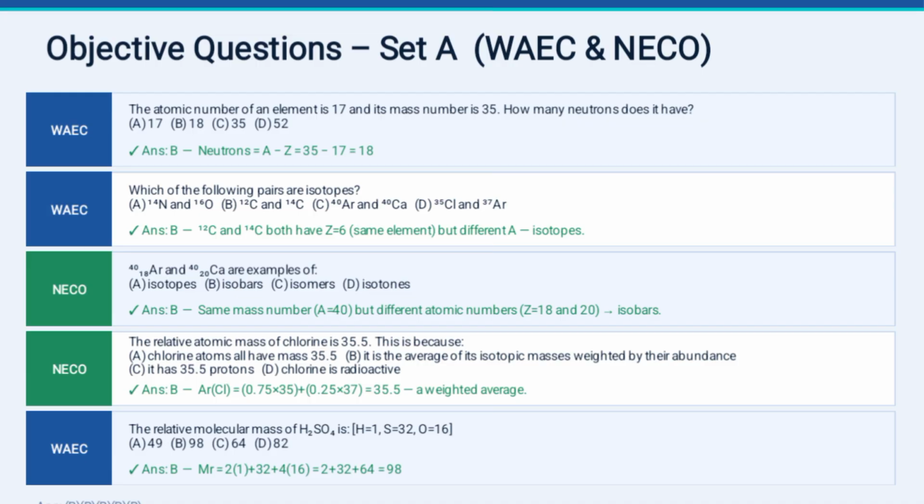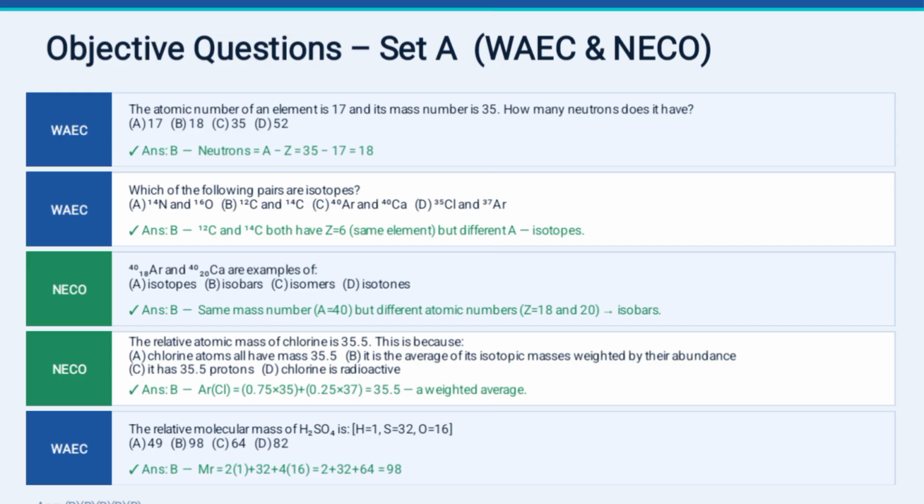You are now given Ar and Ca. Both have the same mass number but different atomic number. That is an example of isobars. Then the next question says chlorine has a relative atomic mass of 35.5. The questioner says this is because... The answer is B. Why?